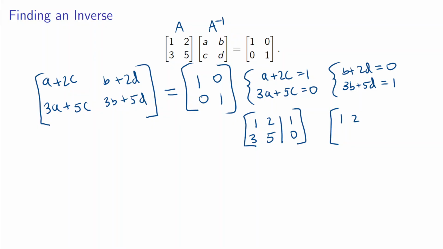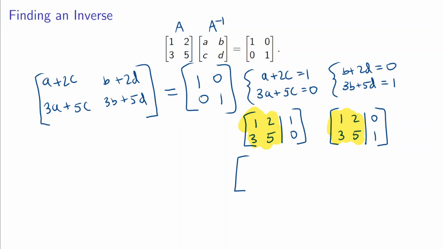The augmented matrix for the bd system would look like that. And these actually have identical coefficient matrices. So as we're solving these, we're going to be doing the exact same row operations. The trick to doing this a little quicker is to do all of those operations just one time, solving both systems at the same time.